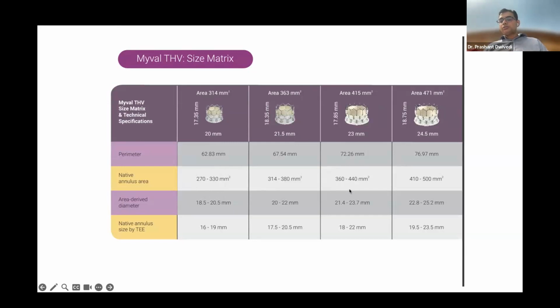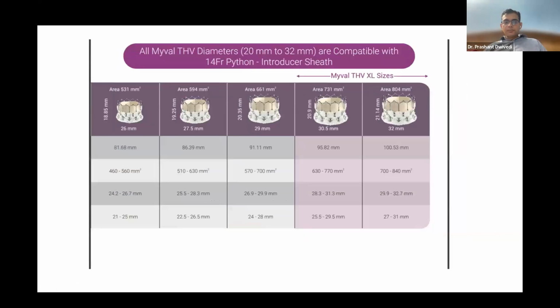But what if my annulus area is coming around 370? Then 370 is between the 21.5 and the 23. So I will look at the LVOT, the sinus of Valsalva, and the STJ, and then I will decide whether I need to take a 21.5 or a 23 millimeter valve. So this is a different sizing method.